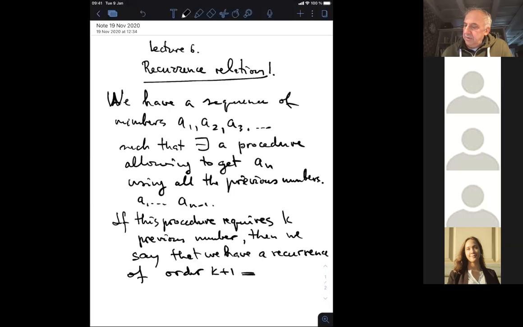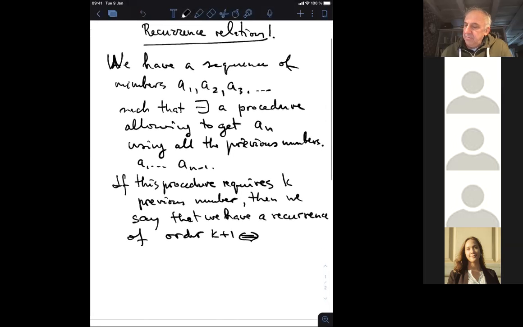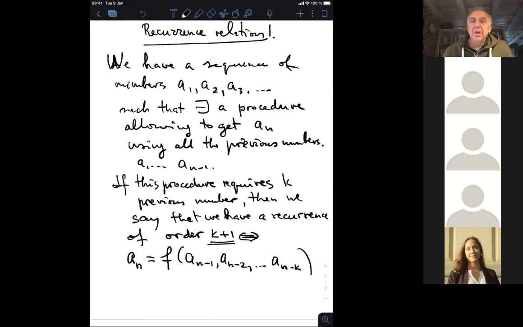In other words, we have some recipe allowing us to express the next term a_n using some function of a_{n-1}, a_{n-2}, and so on, a_{n-k}. So there is a dependence between k+1 consecutive entries in our sequence.